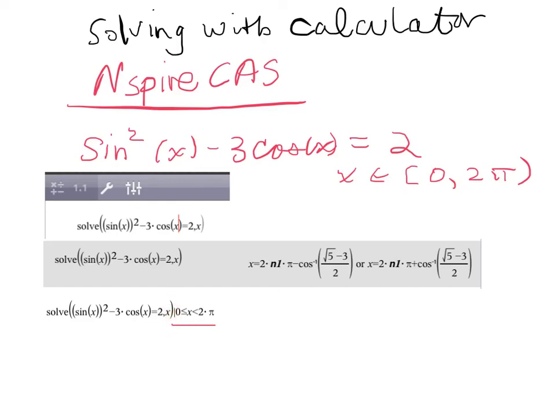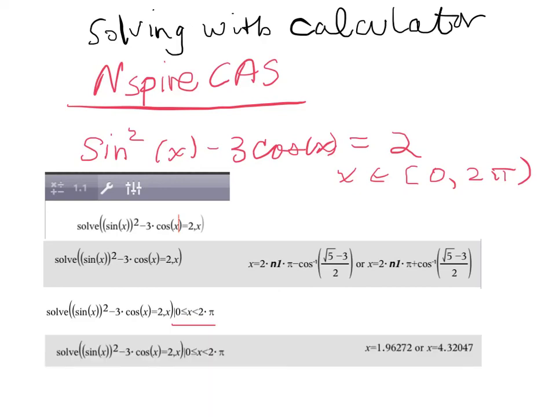We read that as "such that." So this is telling us to solve this equation for x for only values of x between 0 and 2 pi. And when I do that, here's what I get as an answer, and this is the approximate answer. Please notice that when this command is executed, I get exactly two solutions that are between 0 and 2 pi, and here they are. It should be clear to you that those are irrational numbers and simply rounded off.